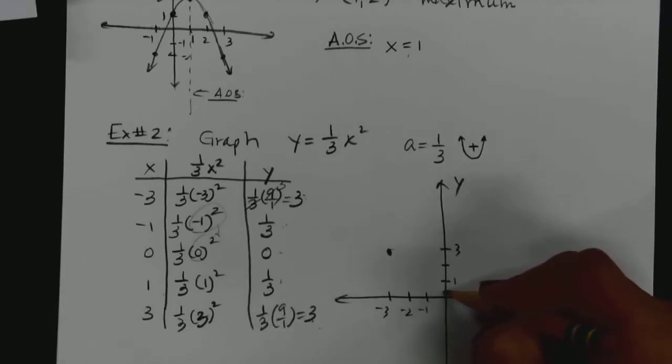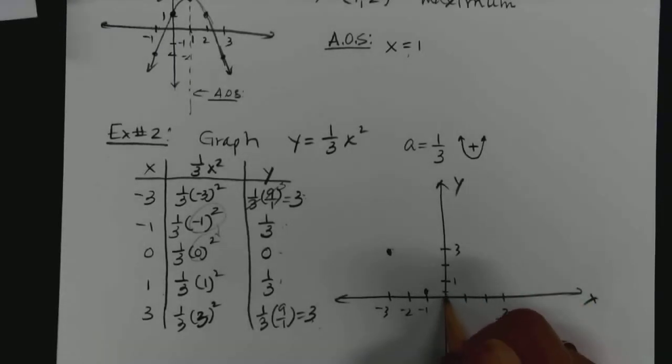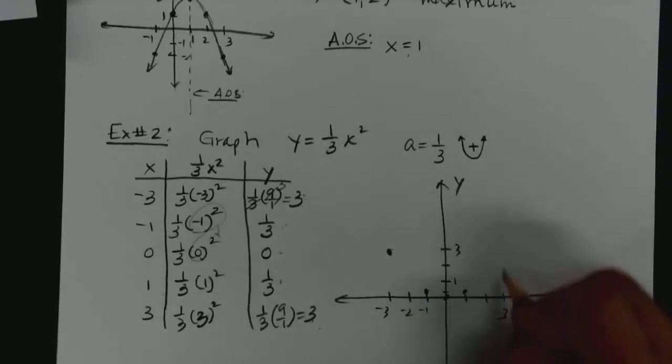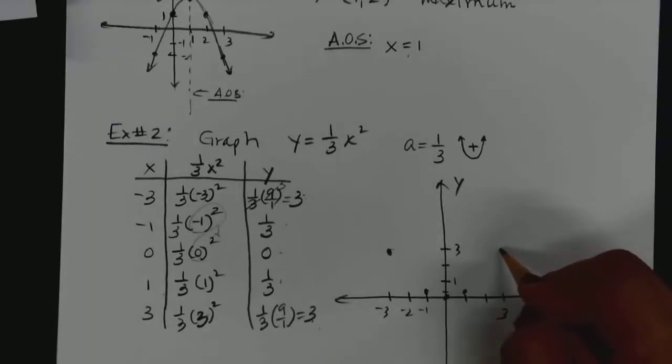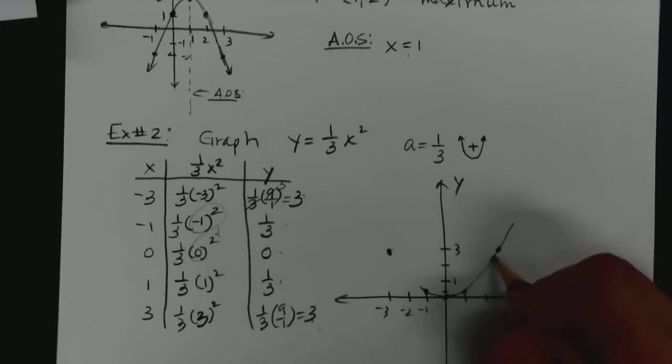Well, here's 1, 1/3 is about right there. And then 0, 0 is right here. And 1 and 1/3 is right here. See how it's symmetric? And then 3, 3 is right here. And if you notice, it makes that nice rounded bottom, and there is my parabola.